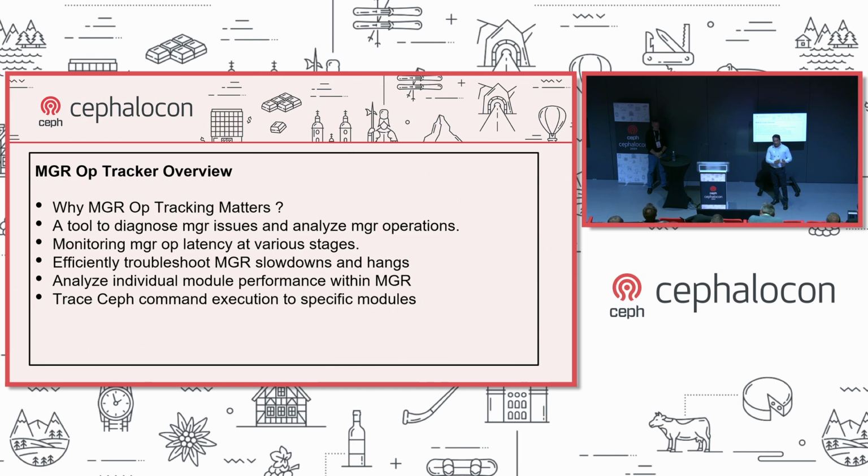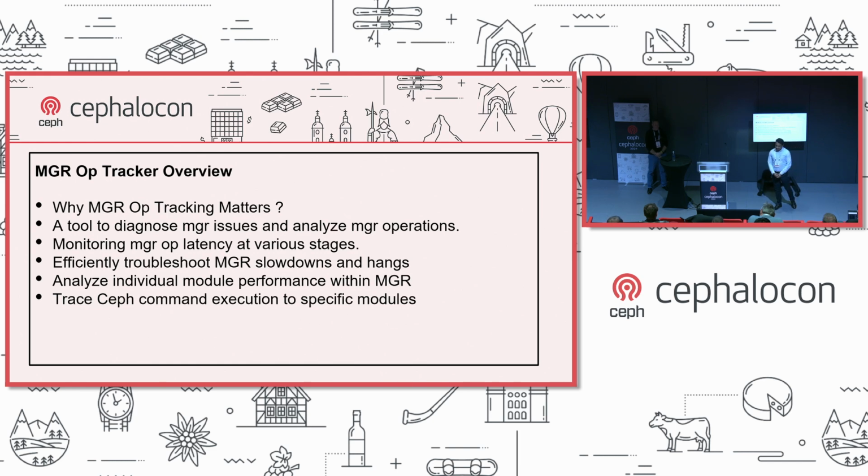Half of the code runs in C++, half in Python, so we need to know where the exact problem is, whether it's in the module or in the core MGR daemon. So this feature will really aid in investigating and diagnosing the issue, and it really saves time.